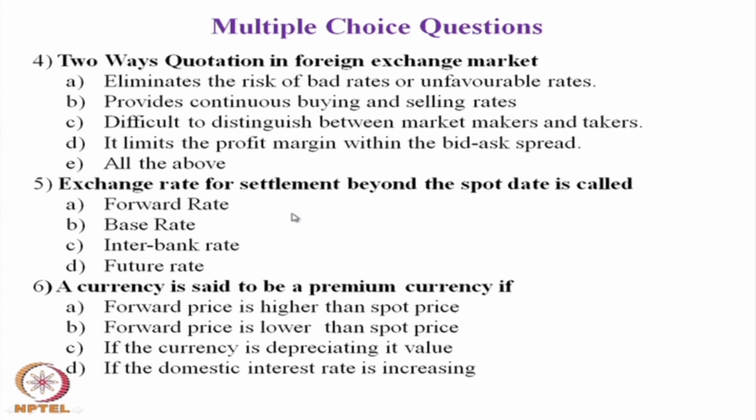Let us move to question number 6. A currency is said to be a premium currency when its value increases. If the rupee value today is 45 and tomorrow it is 43, it is a premium currency. If it goes from 45 to 46, it is depreciating, and depreciation is the discount currency.